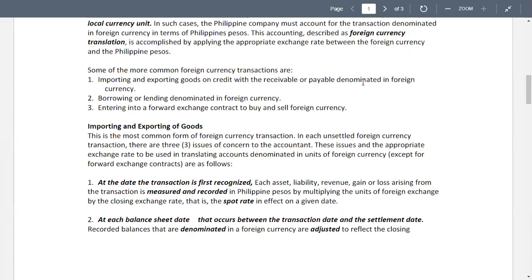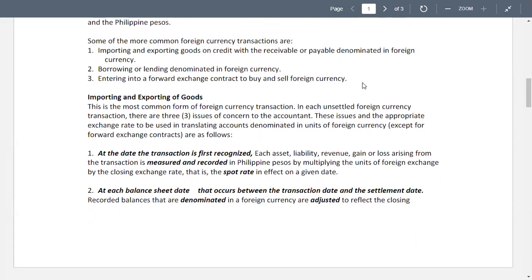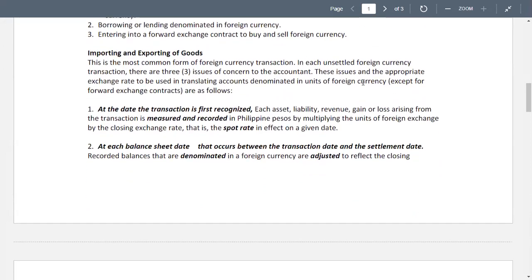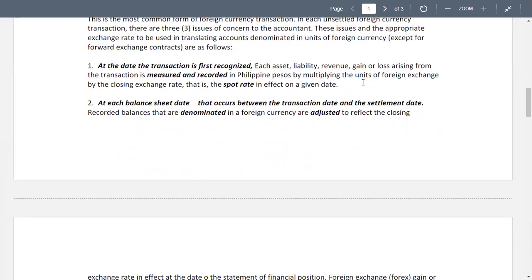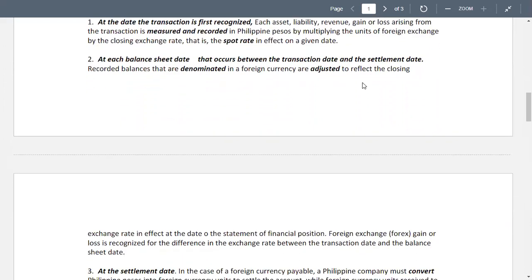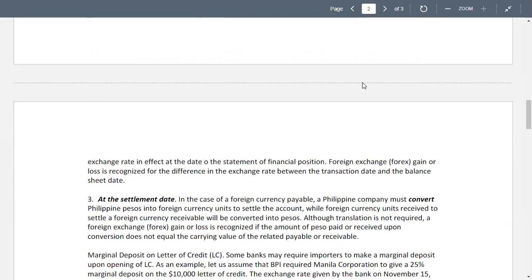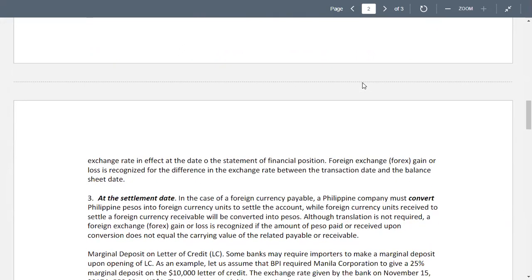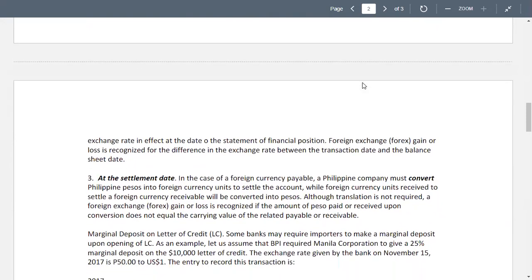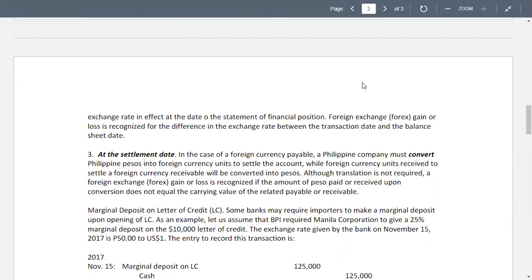So at the settlement date, in the case of a foreign currency payable, a Philippine company must convert Philippine pesos into foreign currency units to settle the account, while foreign currency units received to settle a foreign currency receivable will be converted into pesos.